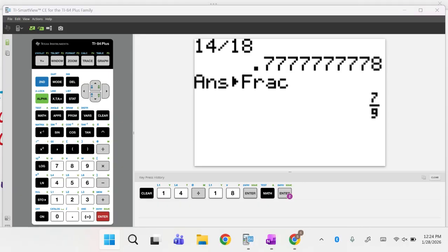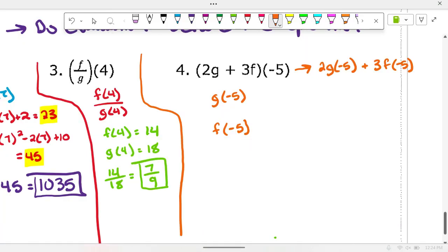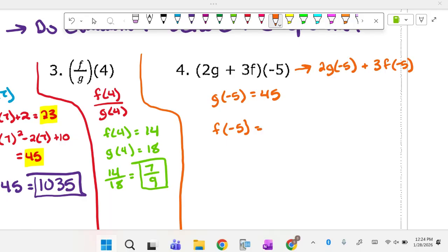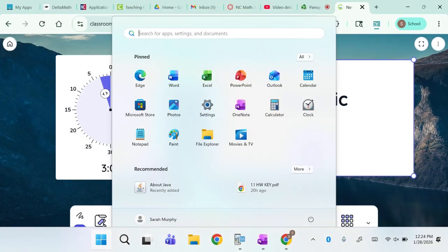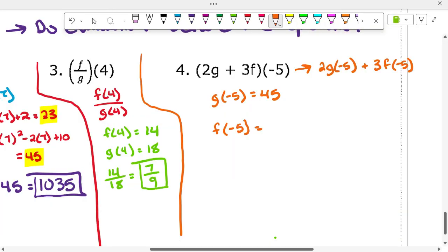Let's go with Dominic. So for g of -5, what'd you get? 45, good. What'd you get for f of -5? Let's go with Abigail. Say one more time. -13, good.